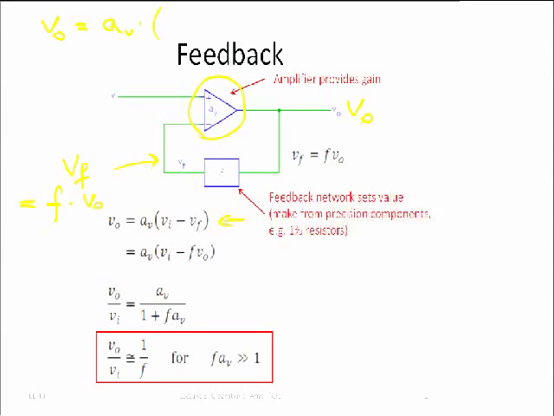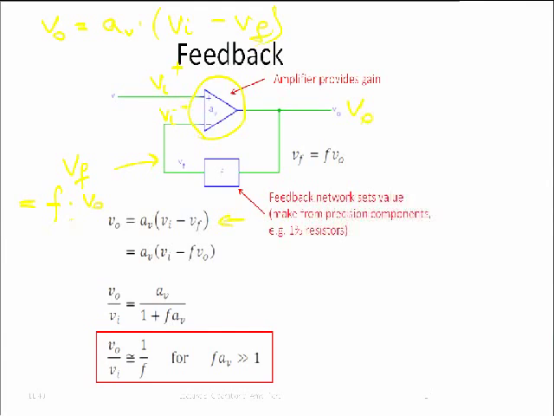We call these voltages VI plus and VI minus, and here it happens to be VI minus VF. This expression is always true: whatever the voltage is at the output of the operational amplifier, V out is equal to AV times the difference at its two terminals.